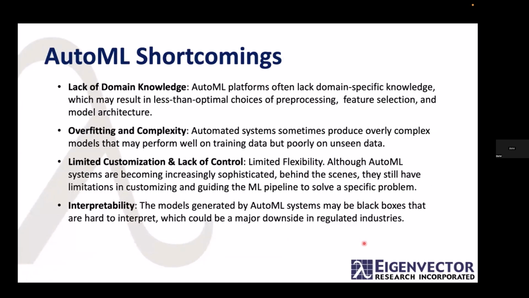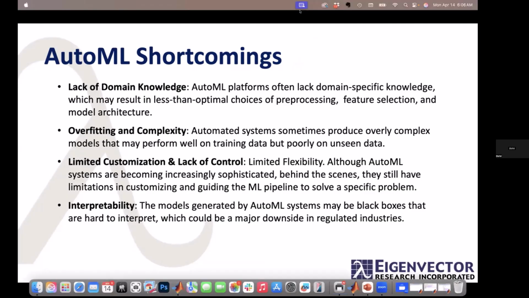So the shortcomings of AutoML are that the general AutoML solutions have a lack of domain knowledge, and that might result in less than optimal choices of pre-processing and feature selection. There is also overfitting and complexity; these tend to produce overly complex models.